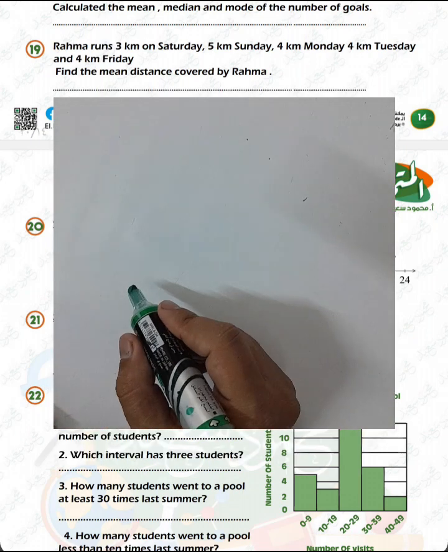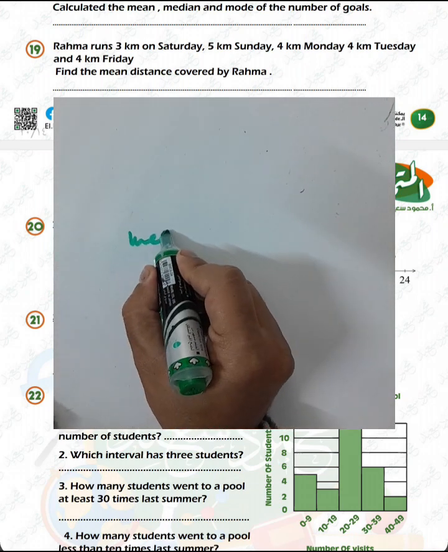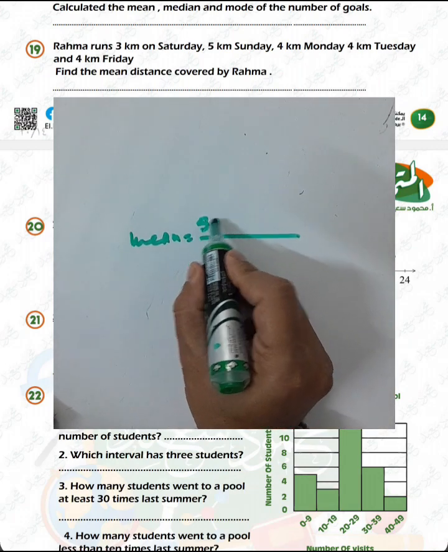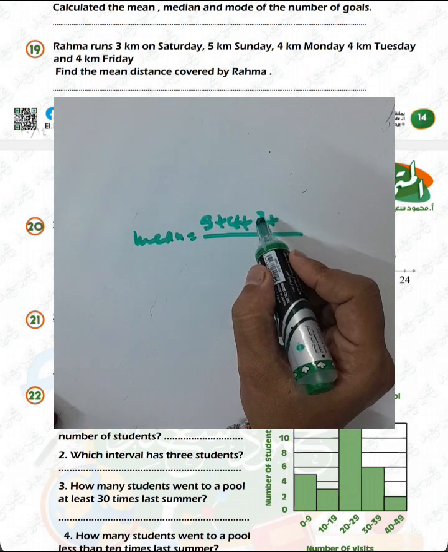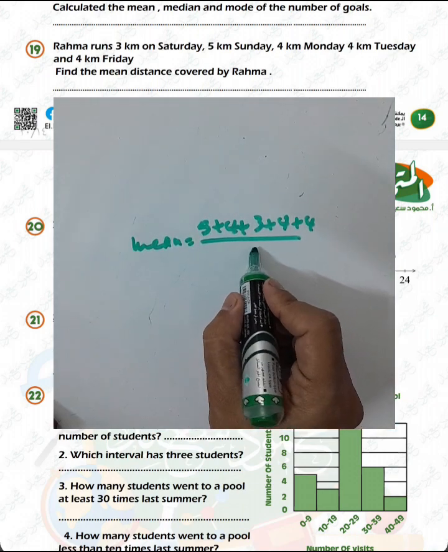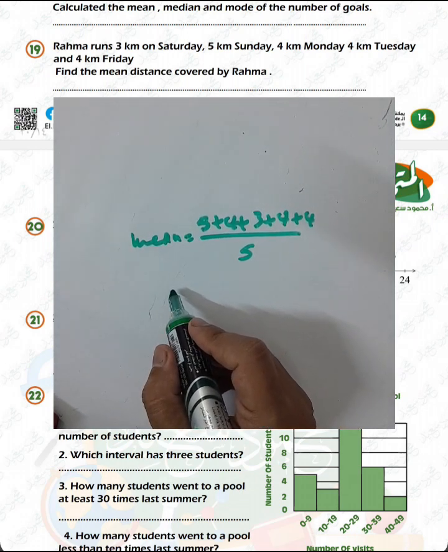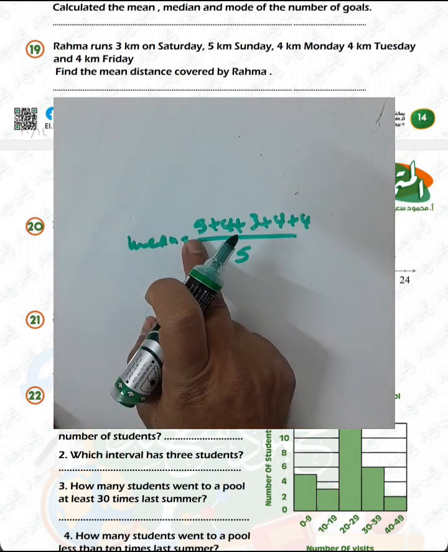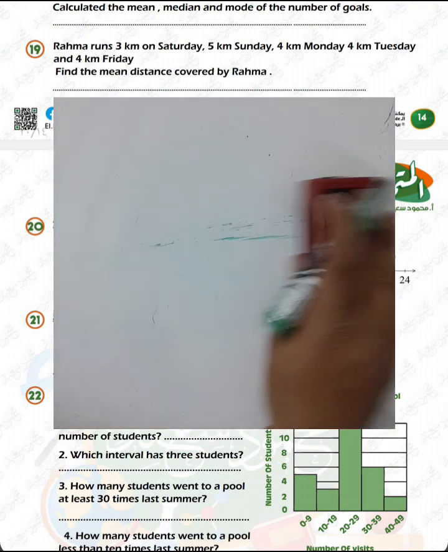We can find the mean by adding all the values and dividing by the number of them. 3, 5, 4, 4, 4, that is 5 values. The total is 20, and 20 divided by 5 equals 4. The mean here equals 4.